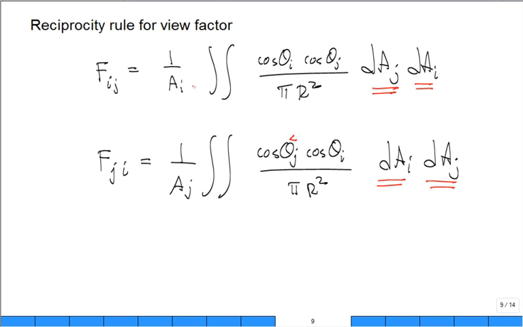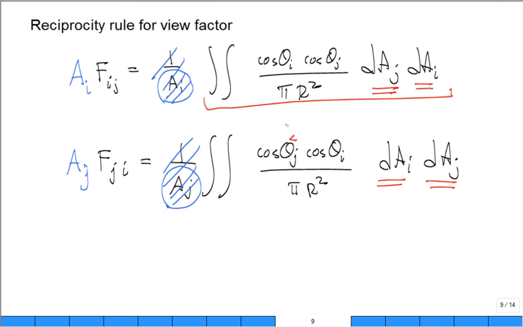So the only difference in this equation between Fij and Fji is that I divide that double area integral by either A sub i or A sub j. True? So what I do is I'll just multiply this equation by A sub i, and multiply this equation by A sub j. What about the right-hand side of both of these equations? Aren't they the same?